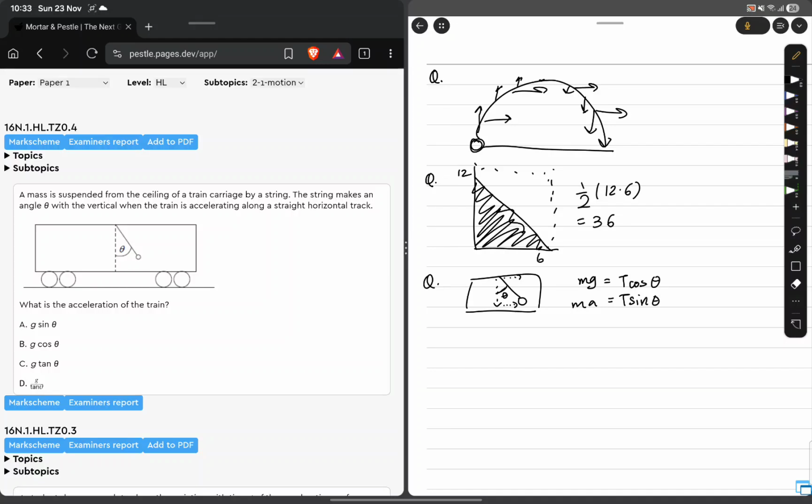We divide the equations by each other, so the T's cancel out, the m's cancel out, and eventually we'll end up with tan theta is A over G. And now we isolate A, and we will get G tan theta, which is C.